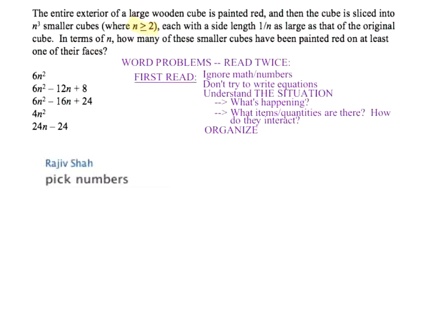The simplest case that we can pick is n equals 2. So just go ahead and do that. Pick your own numbers. Simple cases. So let's just set n to be 2.